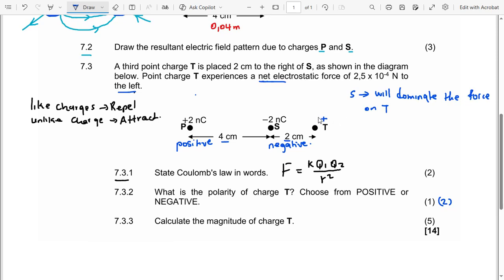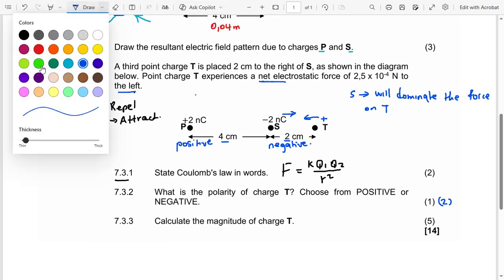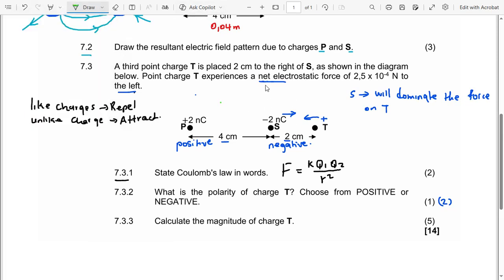There will be attraction. This will move in that direction, and then this one will move in that direction. Okay, so T will be pulled towards S, which is to the left. You understand? Which makes sense to the statement that was given. The net force is to the left. So this tells you that T is pulled to the left, only if T is positive.